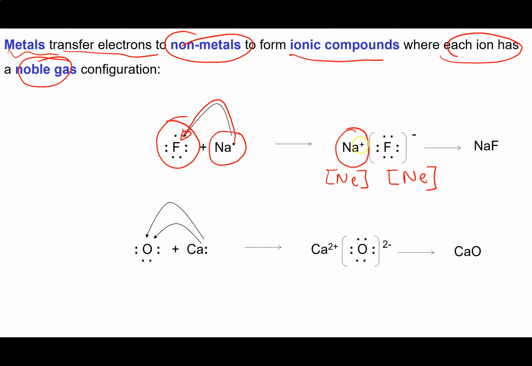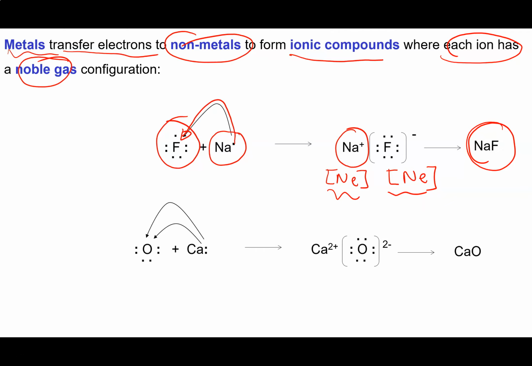Now, the sodium cation has a positive charge and the fluoride anion has a negative charge, so these ions become stuck to one another and we form the compound sodium fluoride. So everybody ends up with a noble gas configuration, but now these two ions are stuck to one another.